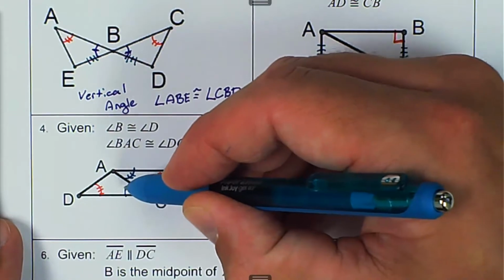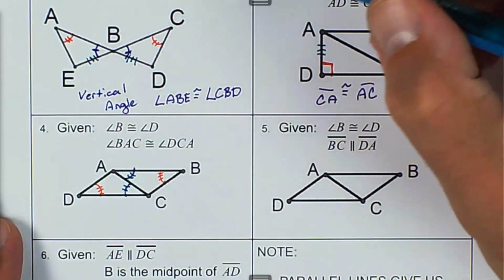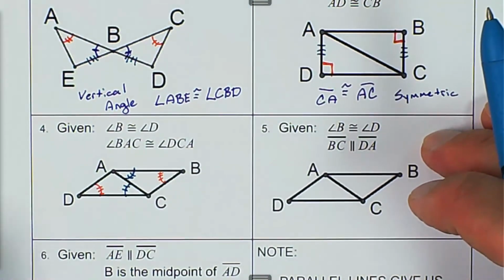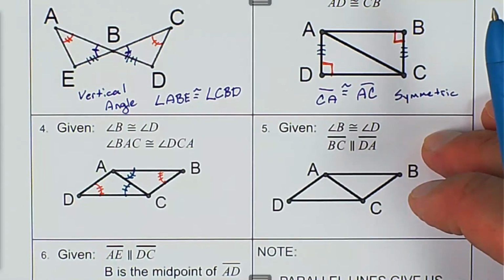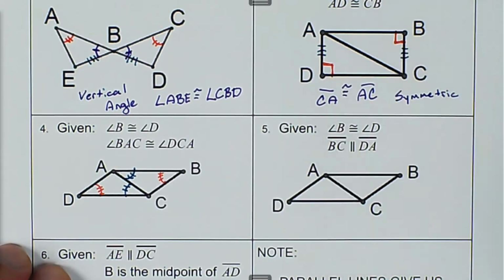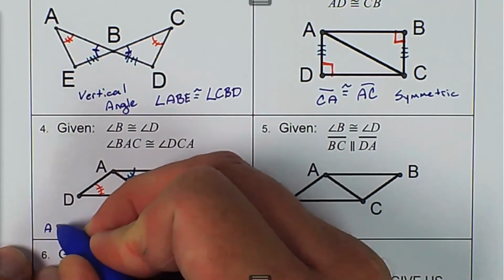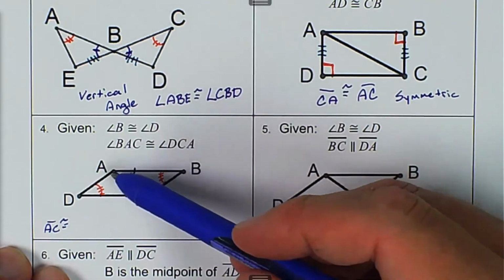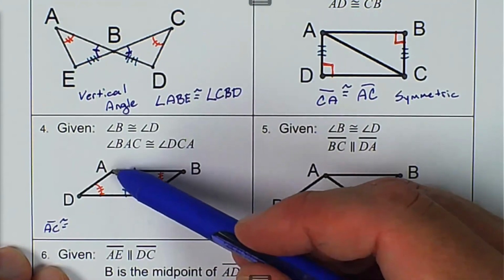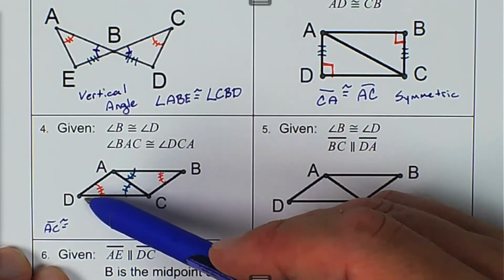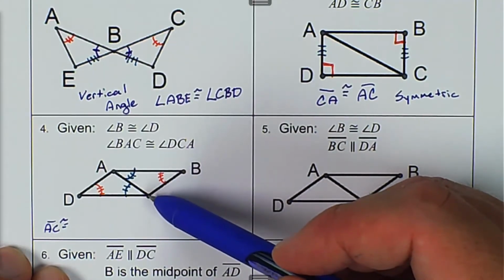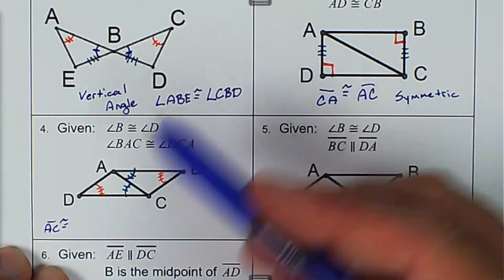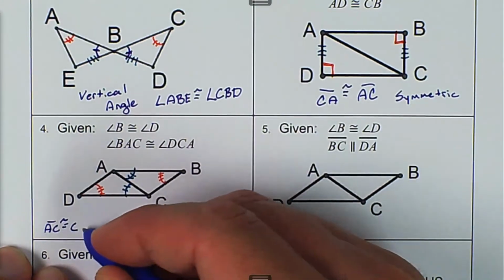So we put 2 here. So some other information that we can say is that line segment AC is congruent, so this is going to be no mark, green mark, red mark, is congruent to no mark, green mark, red mark. So that's going to be congruent to CA.